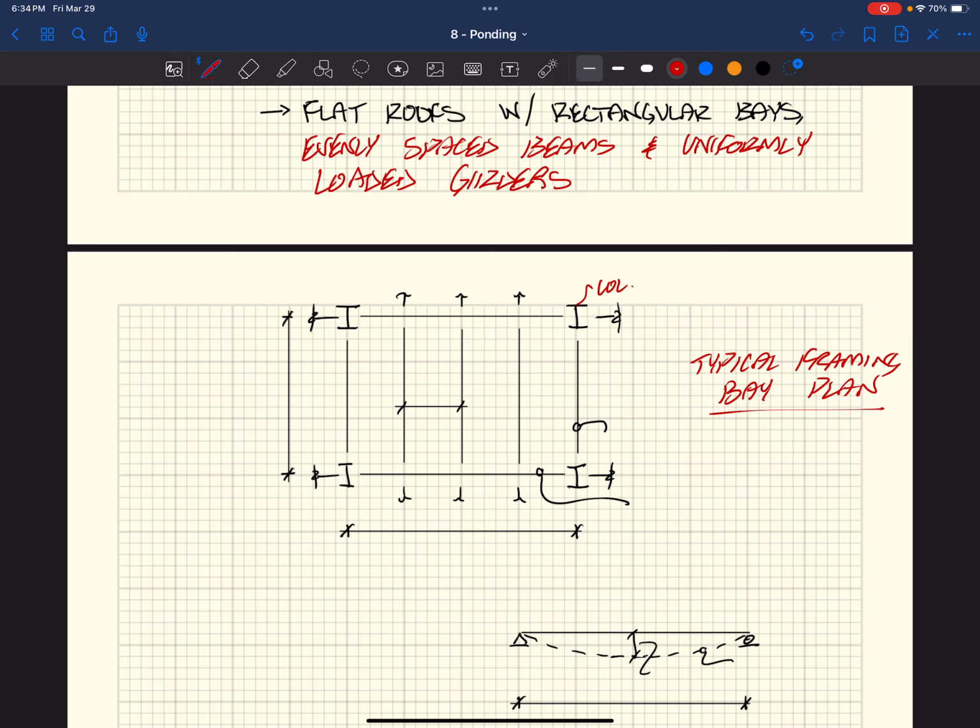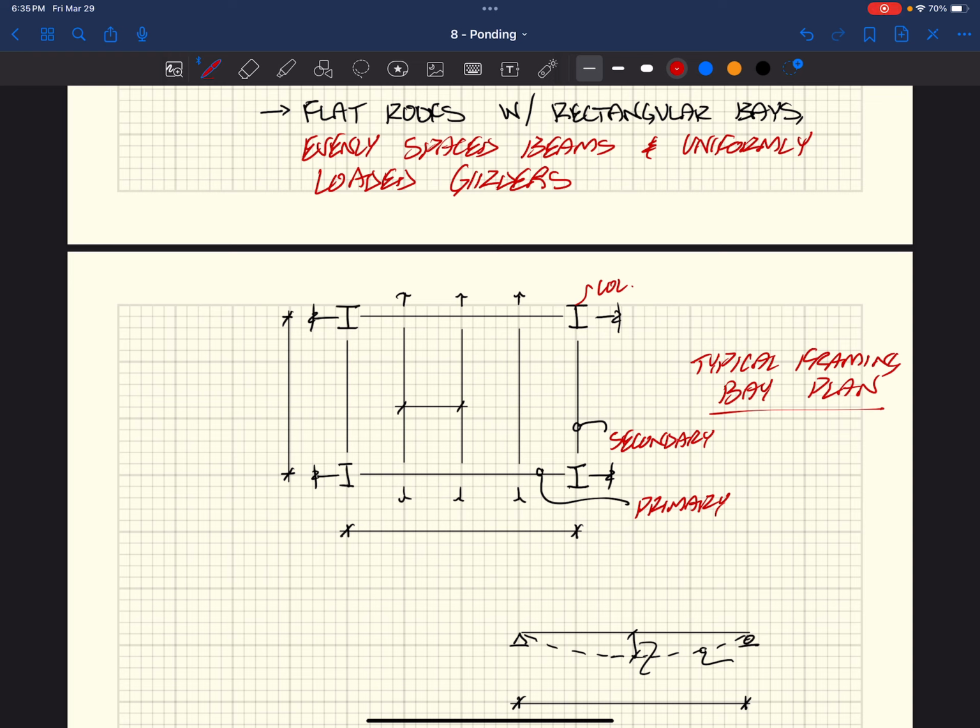Those columns are supporting a primary framing, right? That primary framing is supporting a secondary framing system, right? And then on top of that secondary framing system is some sort of decking, right?